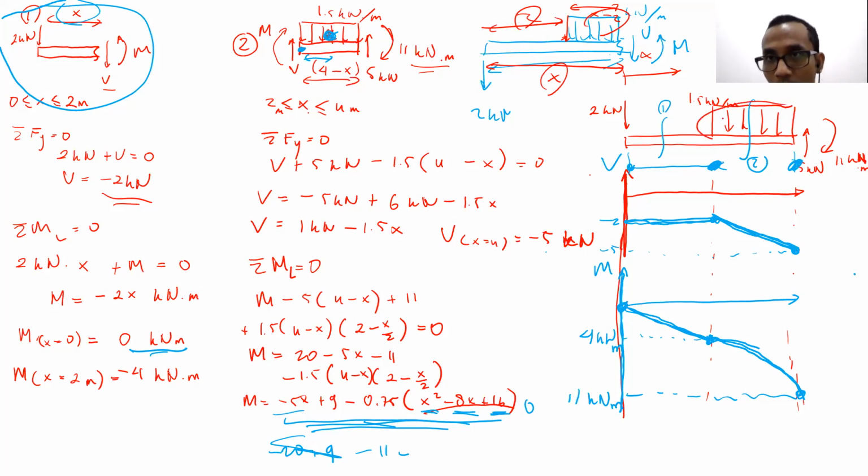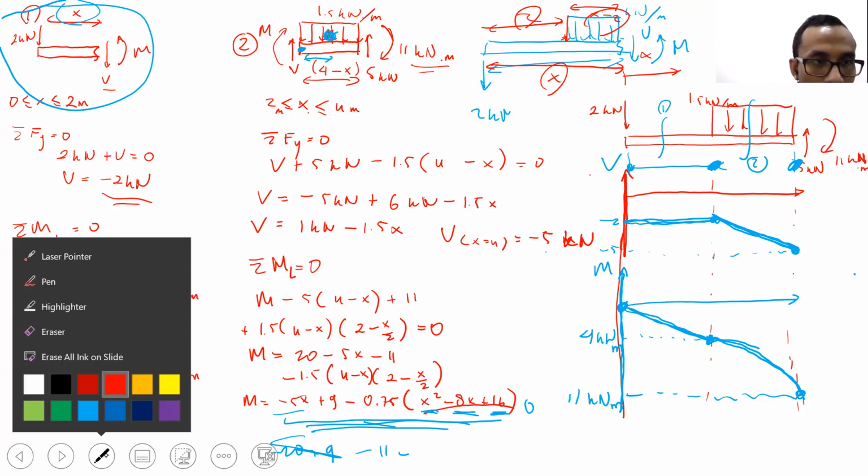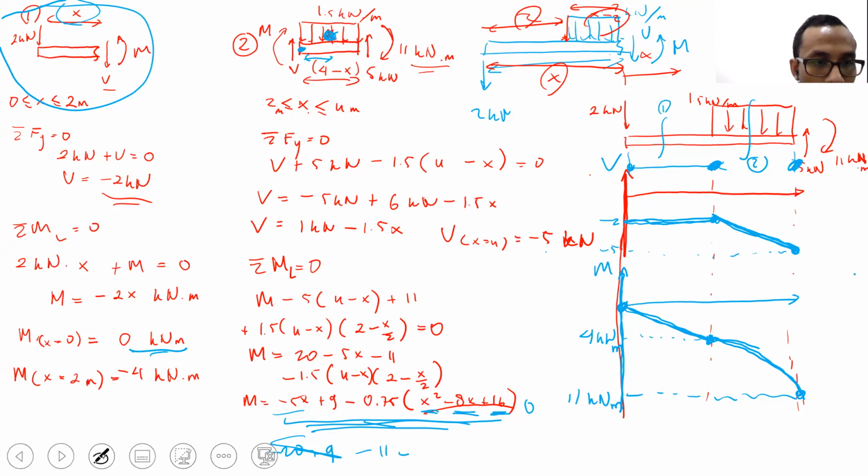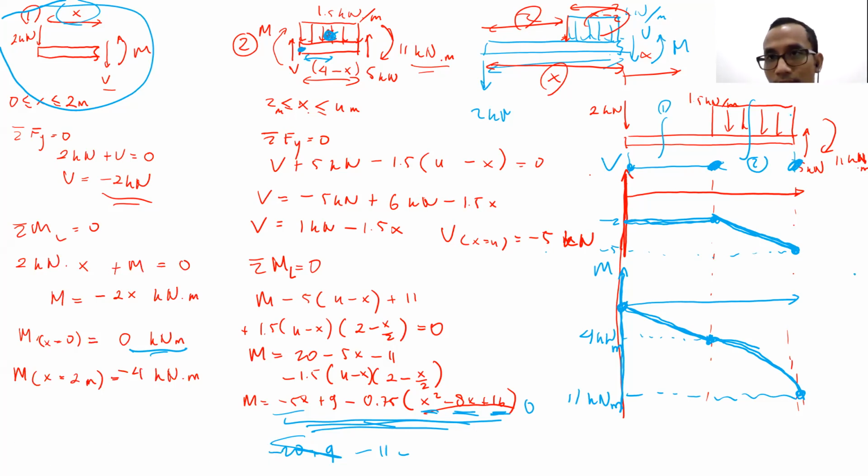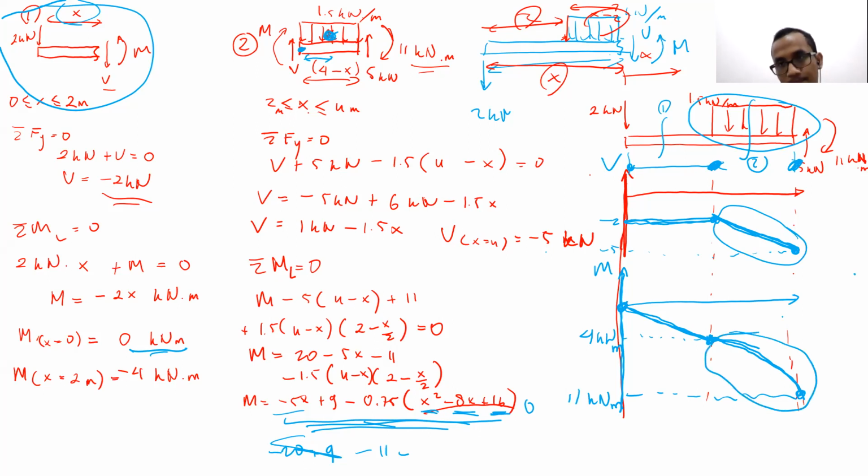When we have a constant distributed load like this, the shear force will be linear, always like that, and the moment will be quadratic, like what you see here.